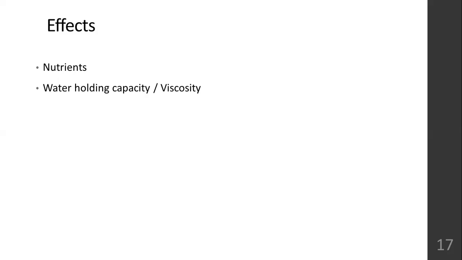The fiber that is completely finely ground like a powder, its water holding capacity will be slightly lost. So that is the effect of fiber when you change its texture, size, and so on.